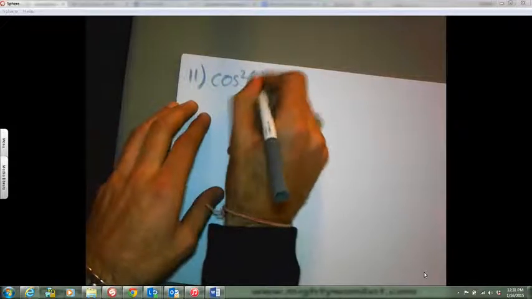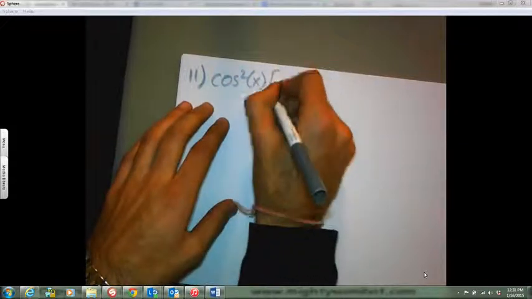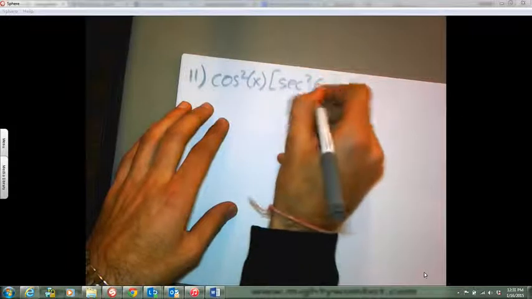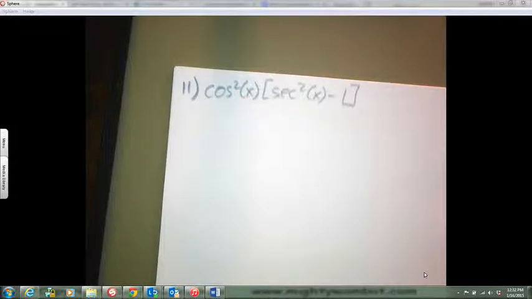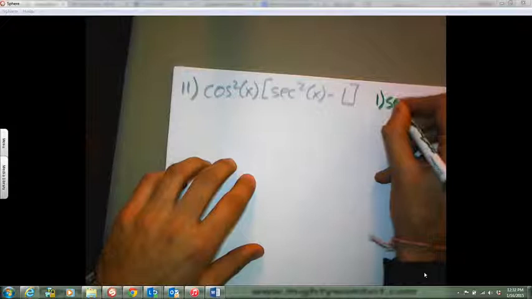Cosine squared of x times secant squared of x minus 1. So again, I'm going to list out what the possible identities I might use are. So I might say secant of x is 1 over cosine. That's a possibility.